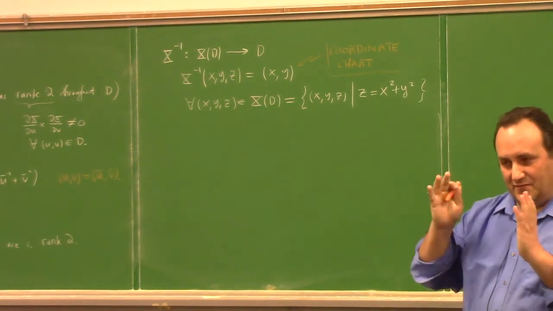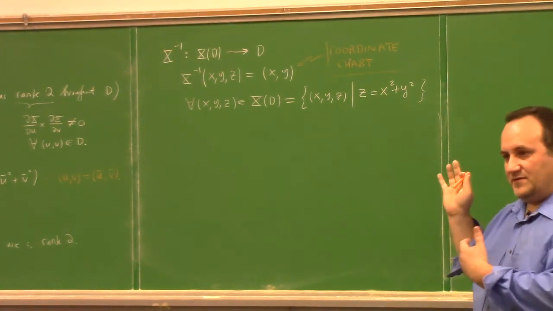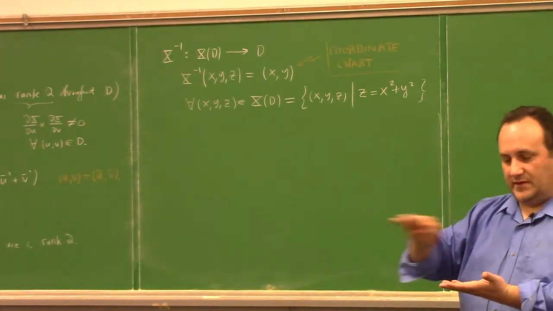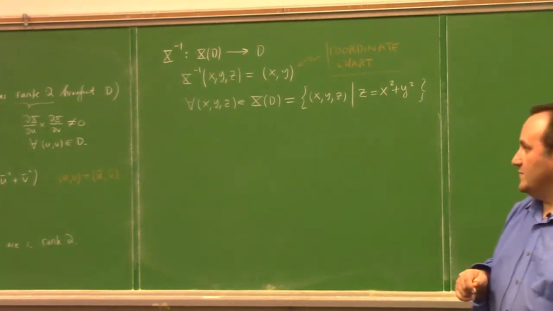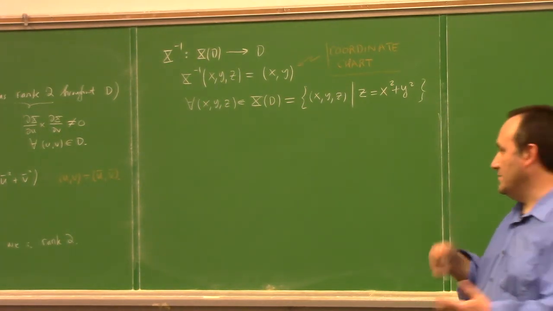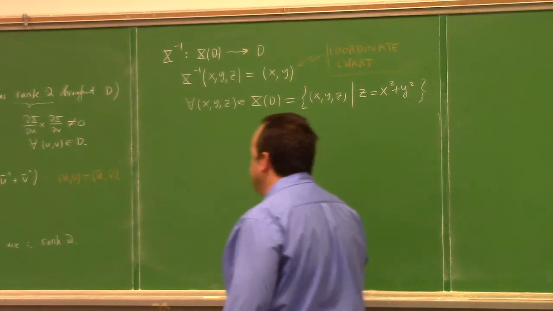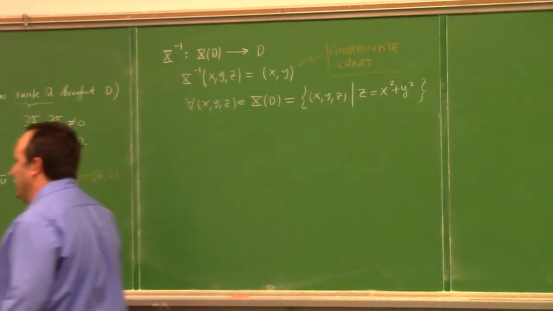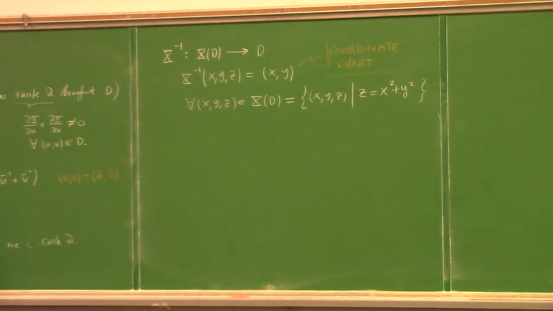Patch goes from the parameter domain up to the manifold. Chart goes from the manifold back down to the space of parameters, the Rn. They're inverse concepts, but I think you can see why the introductory books focus more on patches, because patches are easy to understand, right? Patches we do in Calc 3. Chart, that's a kind of weird new idea.